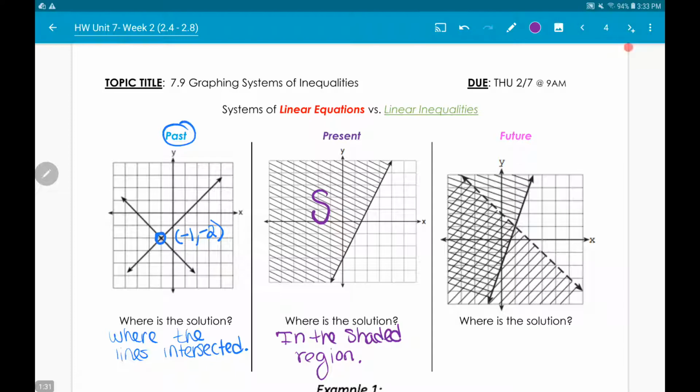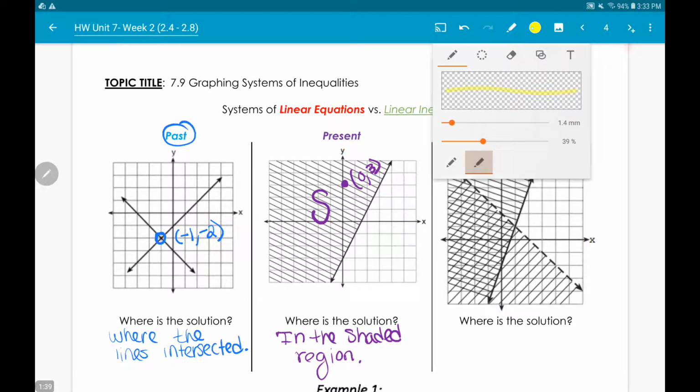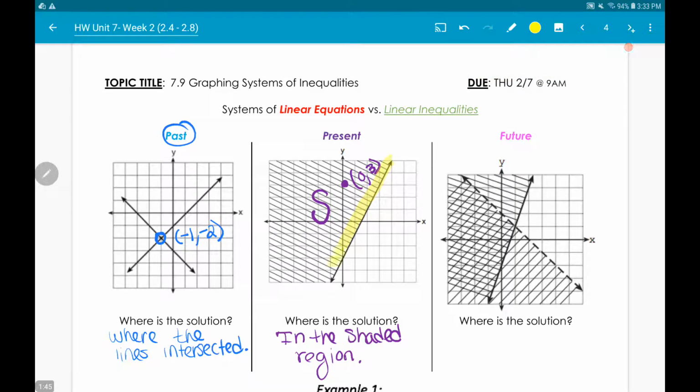All right, so let's say I pick a solution here, and that might be 0, 3. Now remember, the important part with inequalities is we need to think about our line. If it is a dotted line and it's open, I cannot be on there for a solution. In this case, it's solid, so I could be, but just to play it safe, I'm going to stick with a point that's in the shaded area.